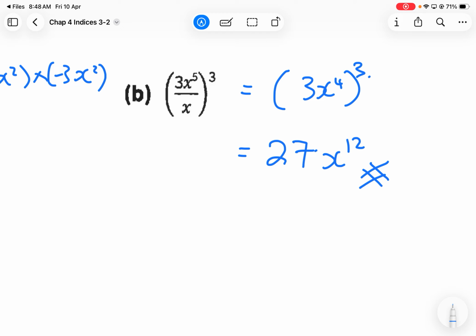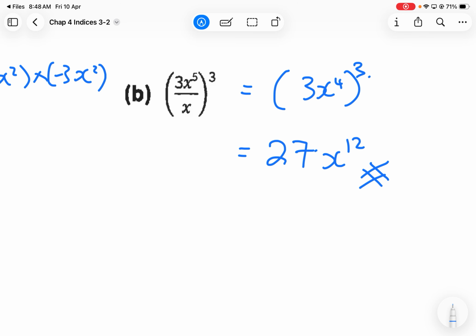So where did your 12 come from? The 4 times 3? Why do you times 3? 4 is the power of x. It is not a number by itself to multiply with the 3. If you break it down, after I cancel, I have 3x to the power of 4.